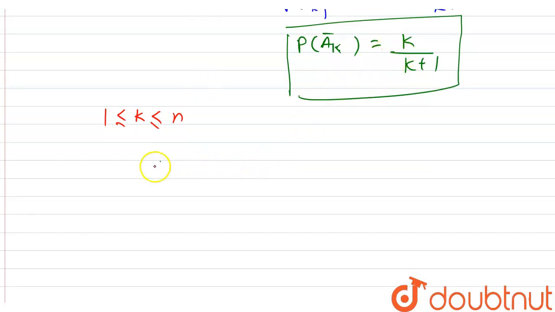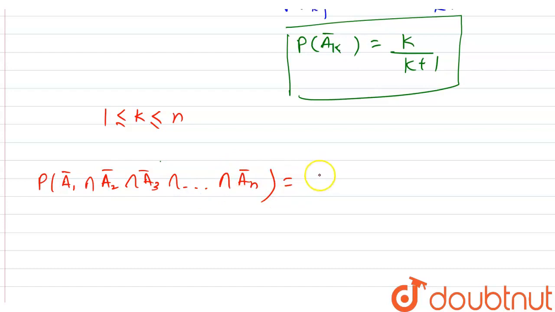So I will get P of A1 bar intersection A2 bar intersection A3 bar intersection and so on intersection An bar. It can be given by P of A1 bar, P of A2 bar, and so on up to P of An bar.